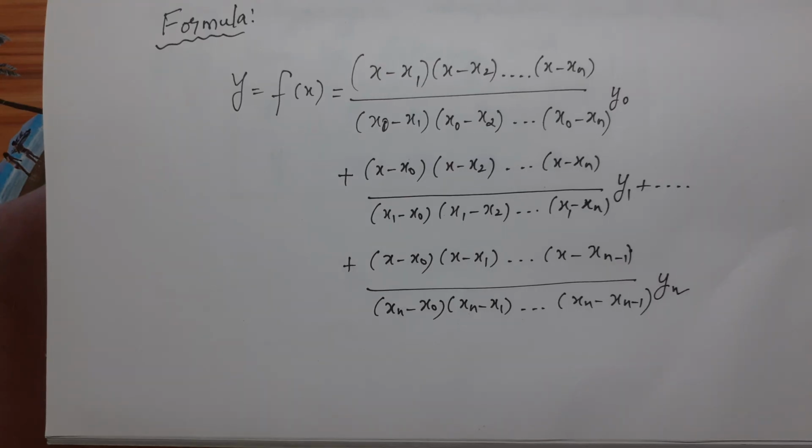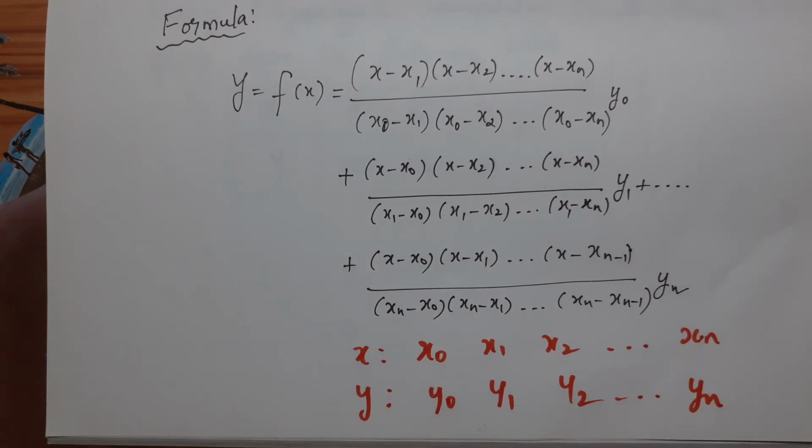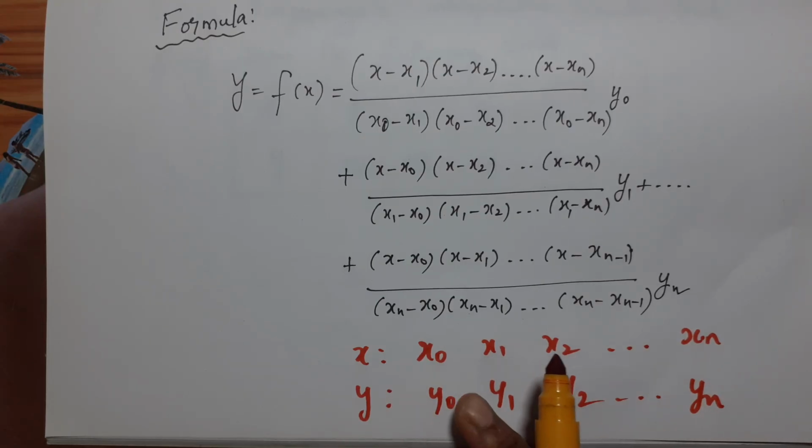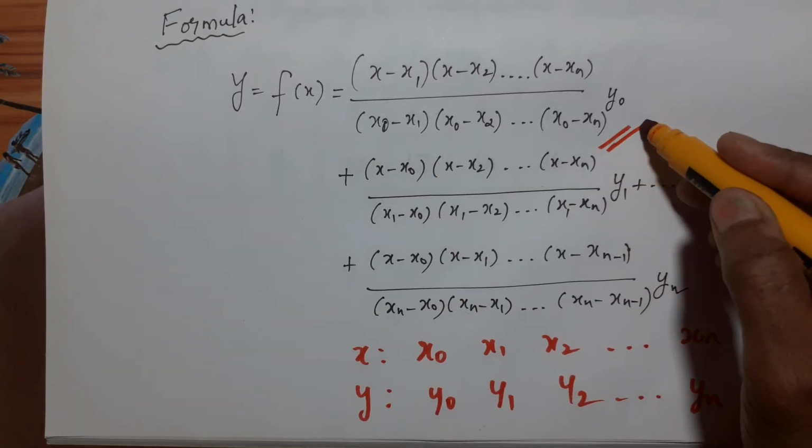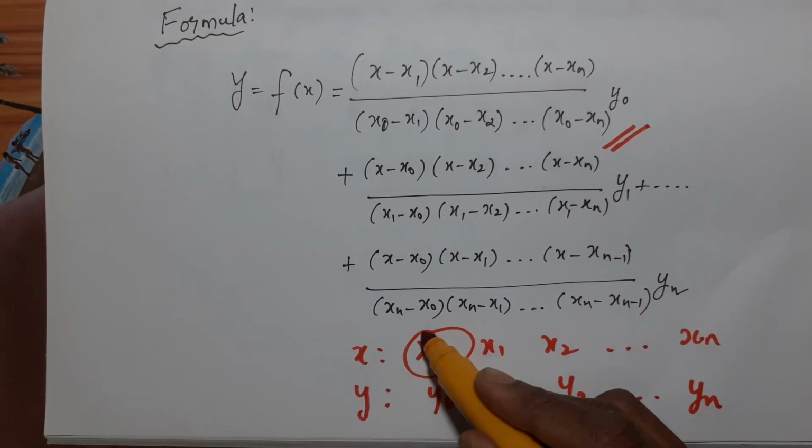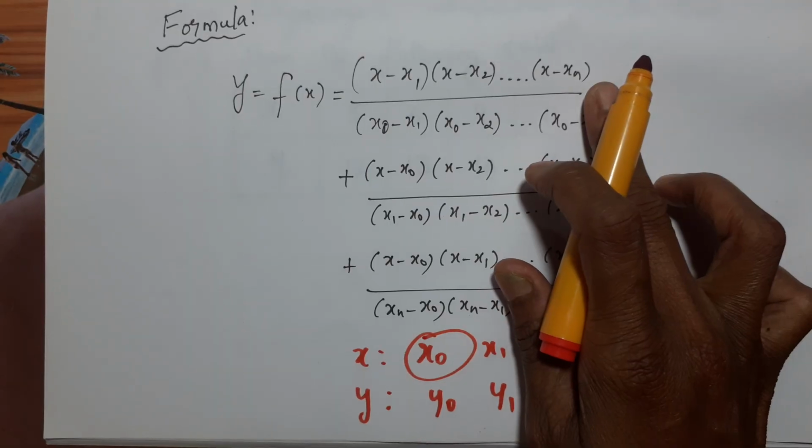I'll explain how to memorize this easily. For example, the x values are x0, x1, etc. up to xn, and the respective y values are y0, y1, y2, etc. up to yn. See the first term: leaving this x0, we have to take all the other factors in the numerator.